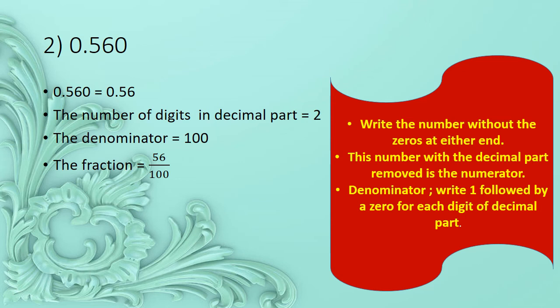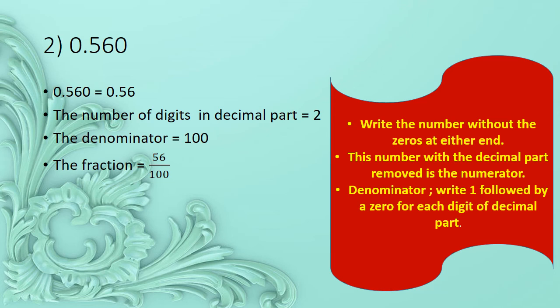Already I told you that a fraction means numerator and denominator both are needed. So for the denominator, first we will remove the decimal part, and for that, students, we will see how many digits are there after the point, on the right side of the decimal point. So as we can see, we have 56, which means 2 digits are there.